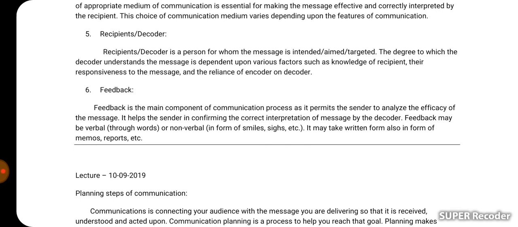It may take written form also in the form of memos, reports, etc. Memos and reports we have studied earlier, and memos we will study in the later lectures.